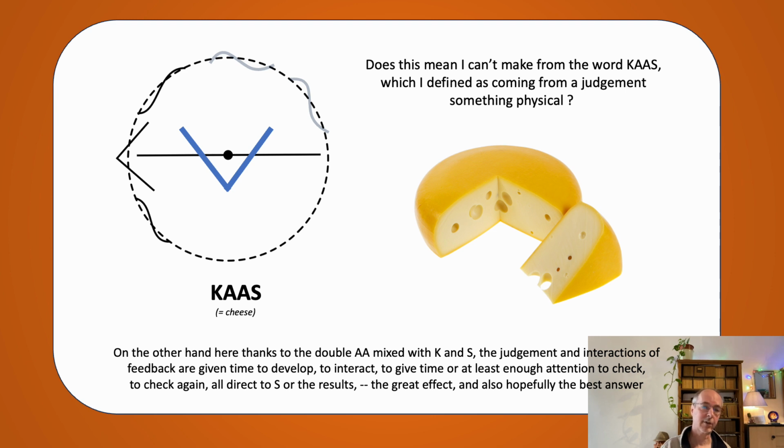So you have this whole feedback process, which gives time to develop, to interact, and so on. So the kind of attention that you give in that question, to check, and to check again, check once more, and see if the results are okay, all directed to the results, gives the best effect.